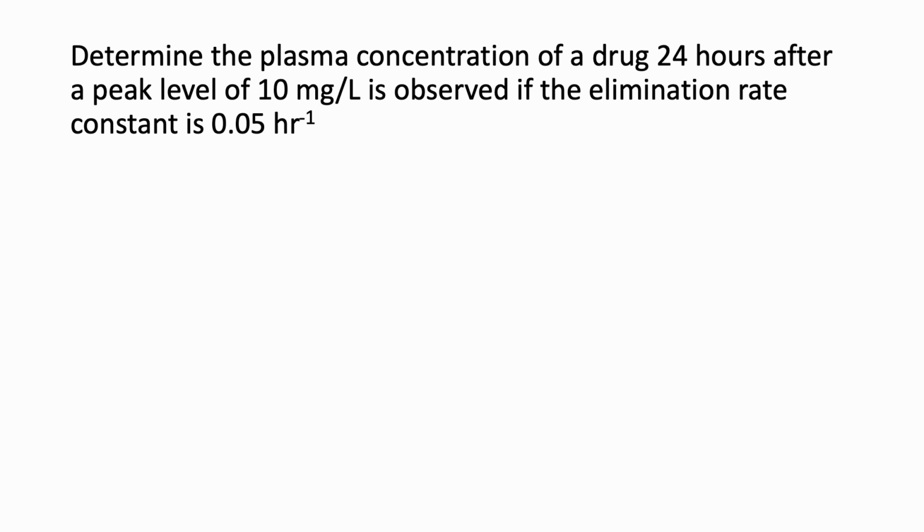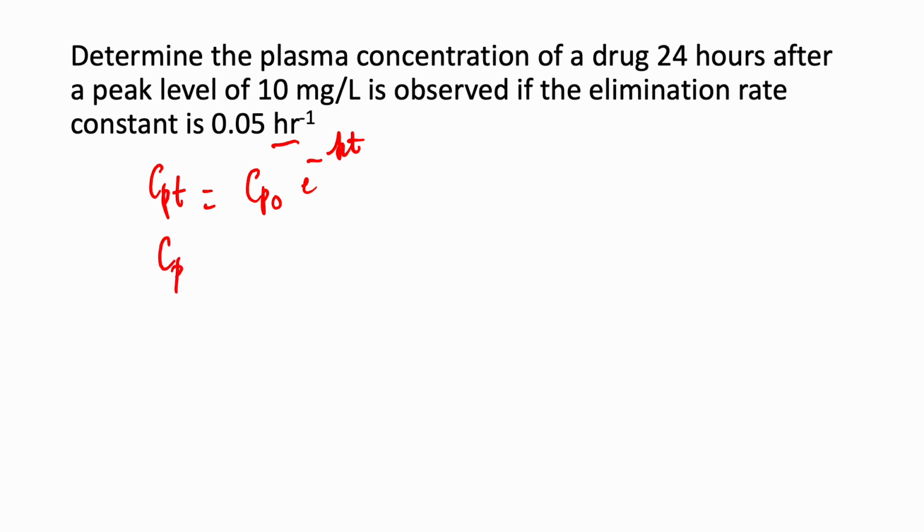For this kind of question, you are asked to predict the plasma drug concentration at a certain time, and the unit of the elimination rate constant tells you that the drug follows first order kinetics. So in first order kinetics, to predict the concentration of any drug, you always use the equation CPT is equal to CP0 exponential minus KT.